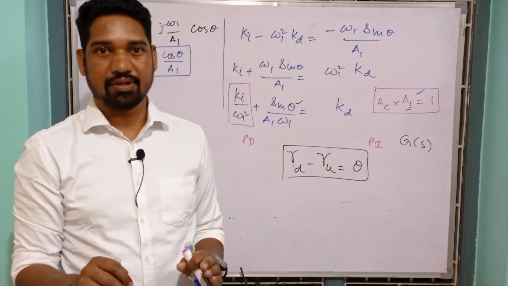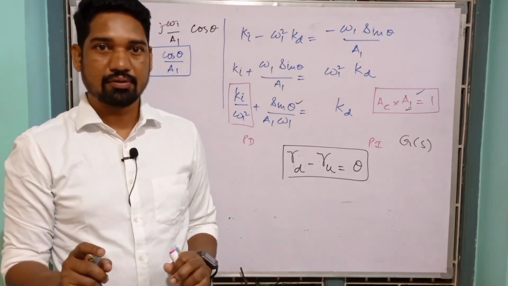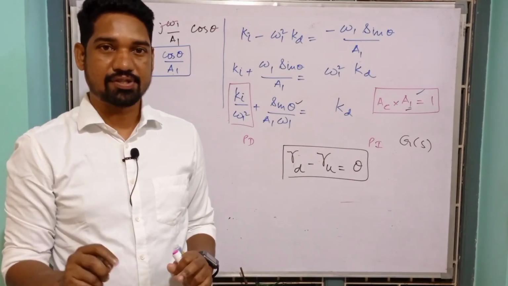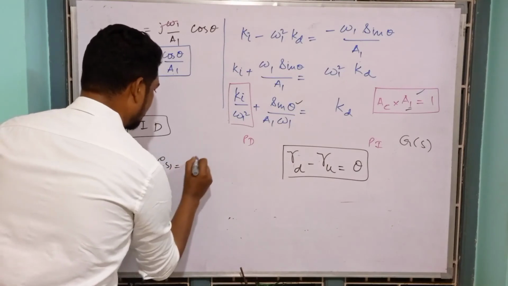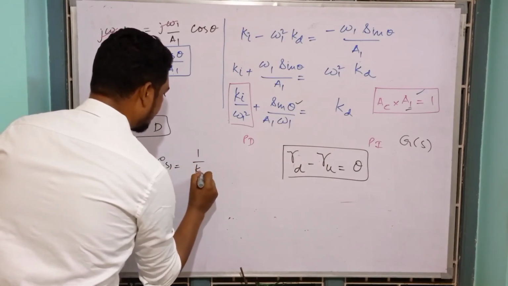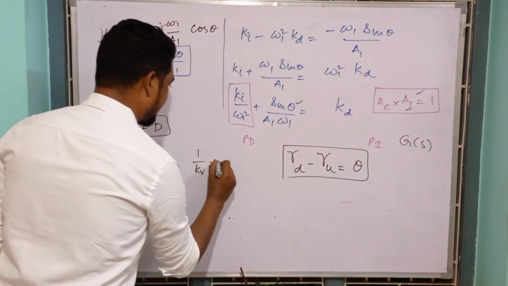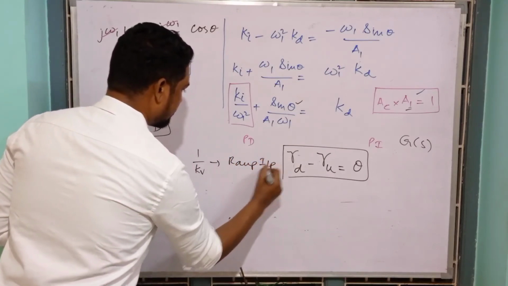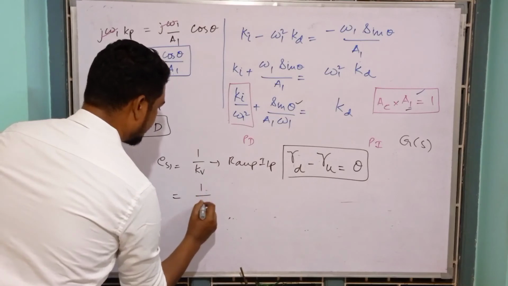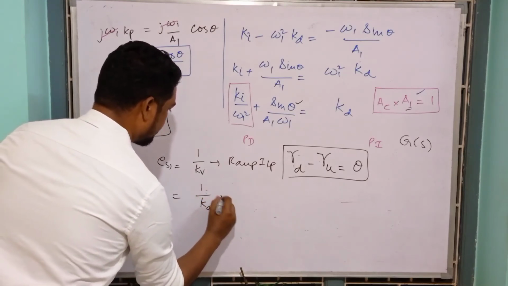You need to have an idea of the steady state error. What is the steady state error? ESS will be equal to 1 by Kv for a ramp input, and 1 by Ka for a parabolic input, if I'm not wrong.